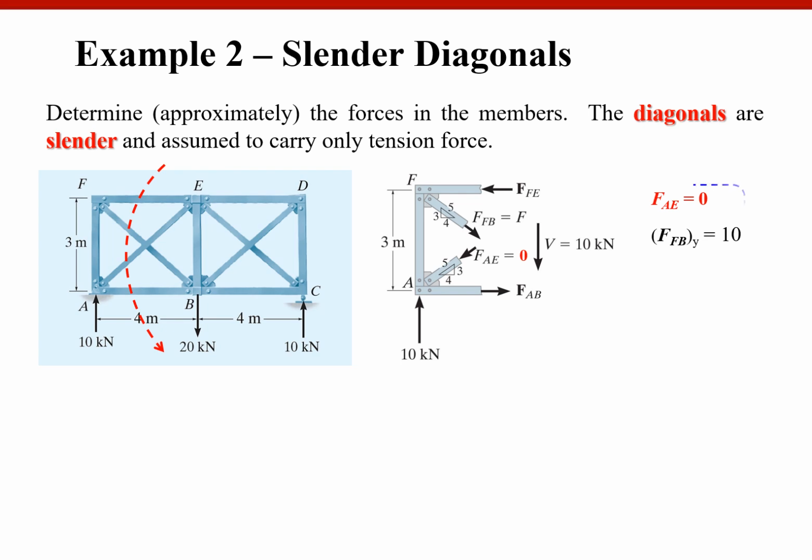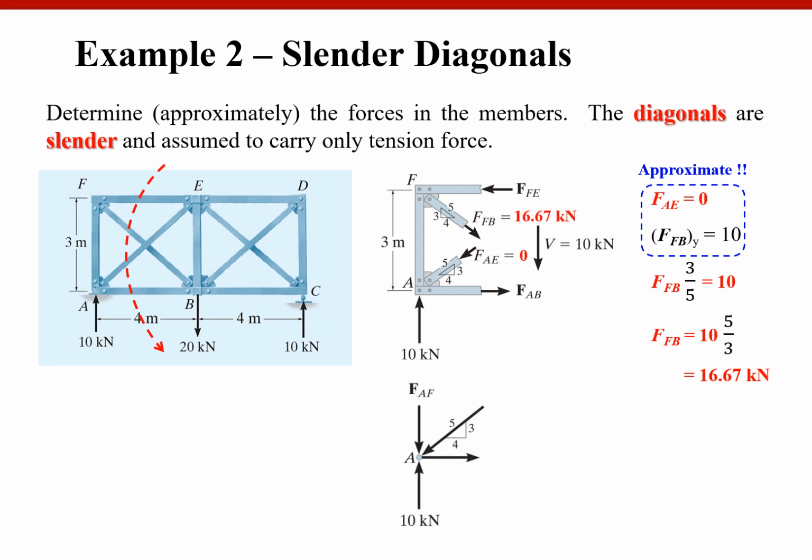So this is again approximate analysis, but it's very close to reality. FAB is found to be 16.57. After finding FAE is 0, then you can find FAB.